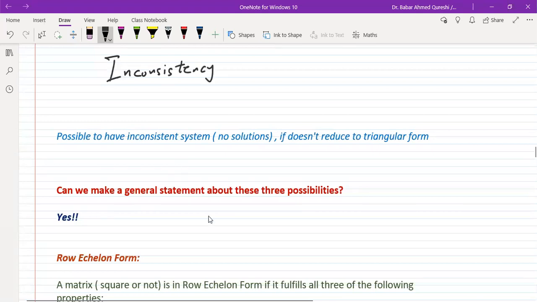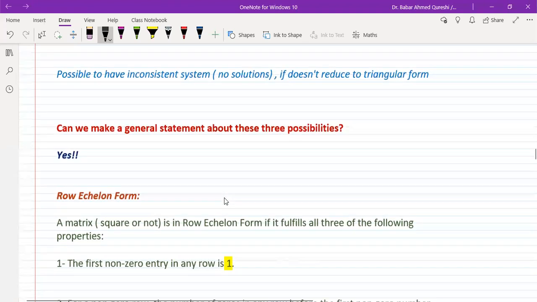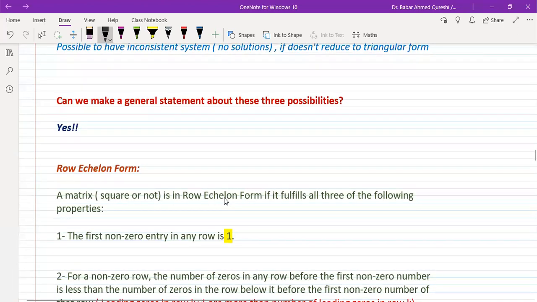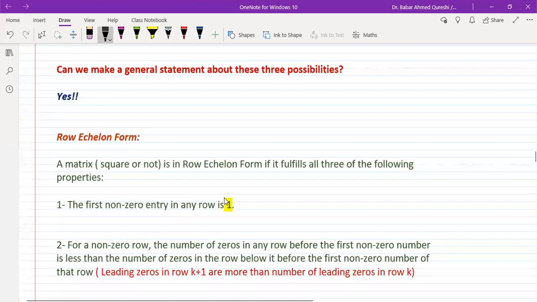So can we make a general statement about these three possibilities, that when will one happen and when will the other happen? The answer is yes.